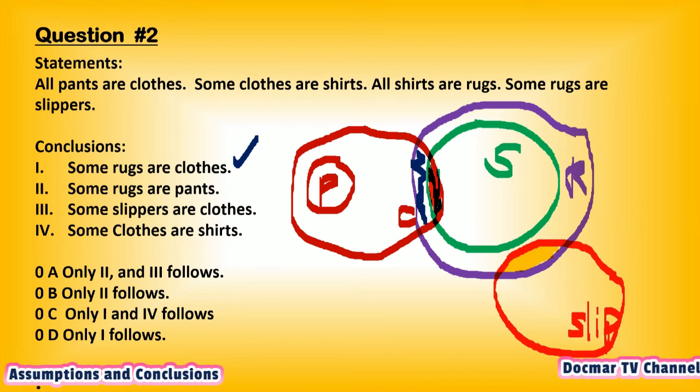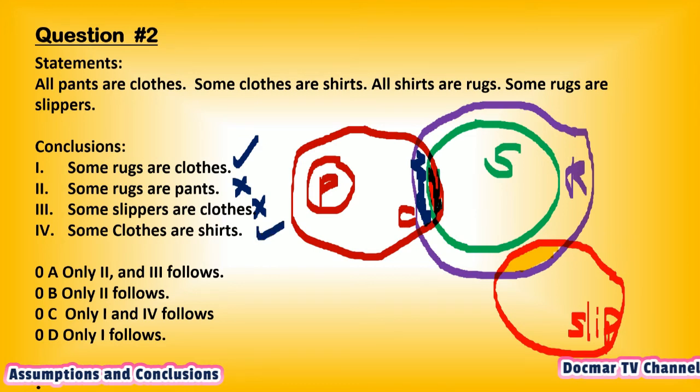Some rugs are pants. Wrong, they have no connection. Some slippers are clothes. Wrong. Some clothes are shirts. Very good, because this is clothes and this is shirts.